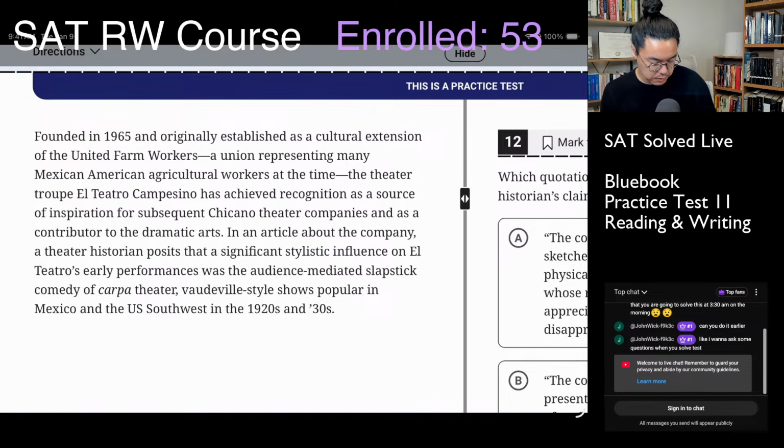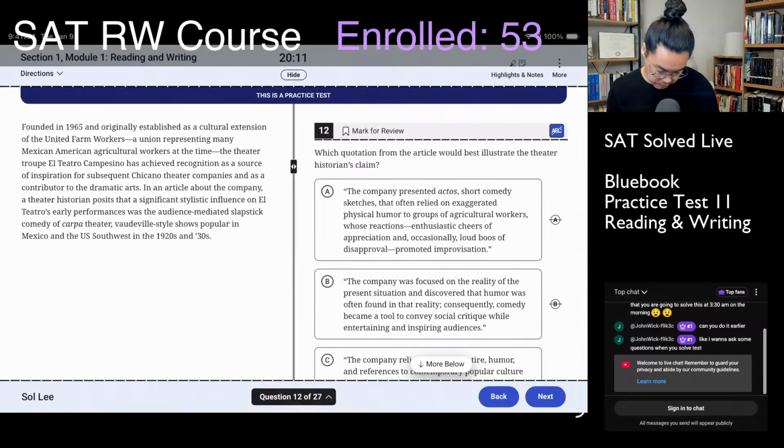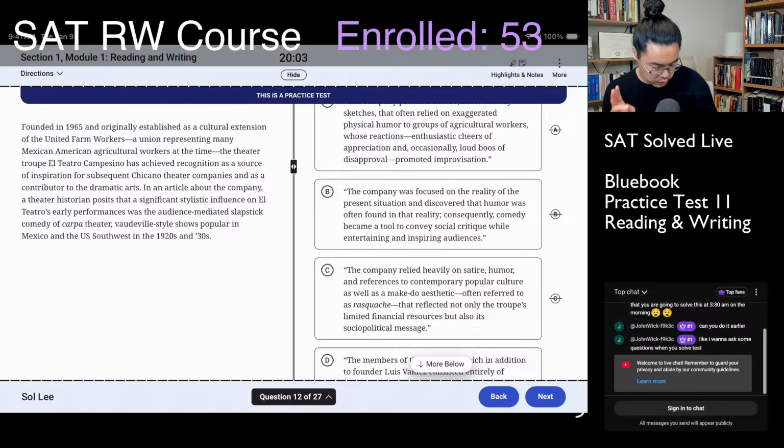In an article about the company was Slapstick of the Carpa Theater. That's a separate. That's an influence. Okay. We're trying to illustrate the claim. The claim is Carpa Theater from the 20s and 30s influenced something after the 60s.